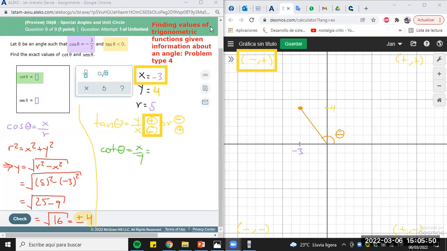X divided by y is minus 3 divided by 4. That's the first answer. And sine of an angle equals y divided by the radius. That would be 4 divided by 5, and that's it. That's the final answer. I'm going to write those down. Minus 3 divided by 4 and 4 divided by 5.